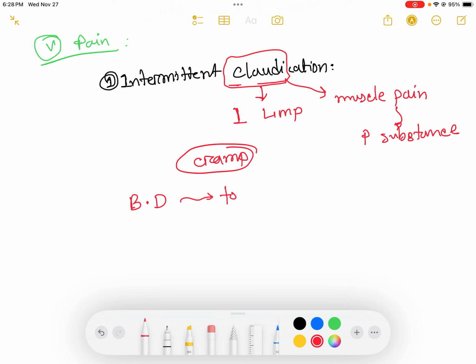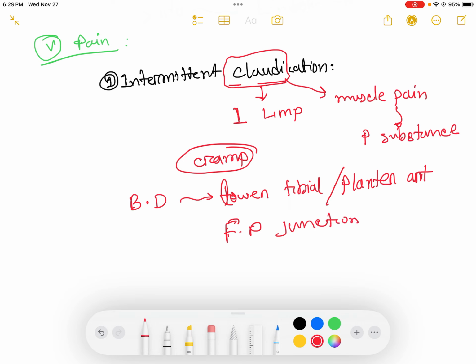In the calf, in case of arterial occlusion in the femoropopliteal junction, which is very common.